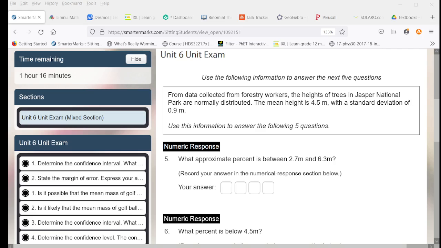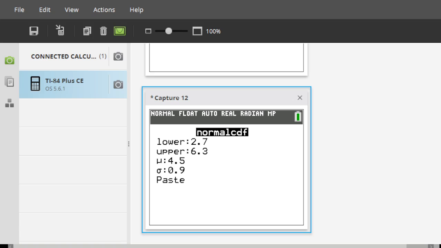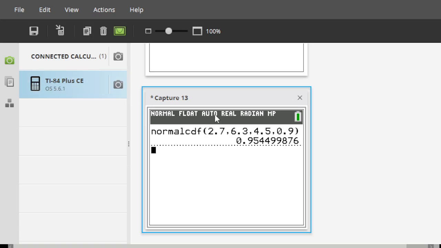They said the mean height is 4.5 with a standard deviation of 0.9. So we enter all of that into our calculator, and we've captured that here. And a second screen capture after processing, it's about 95%.